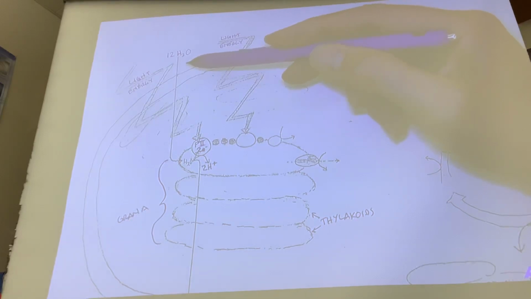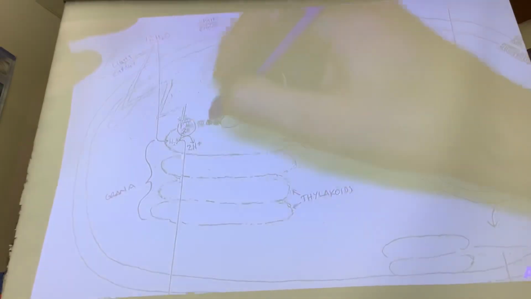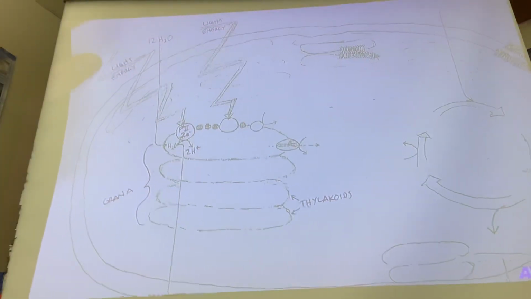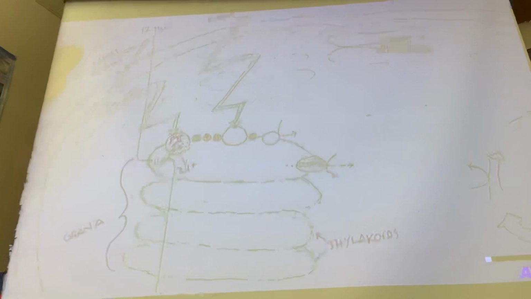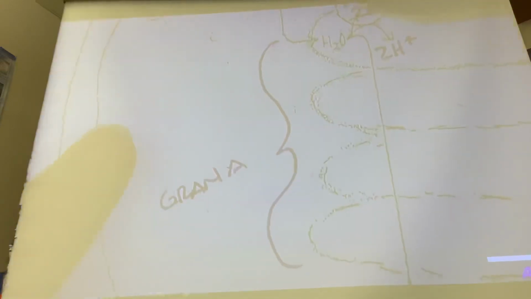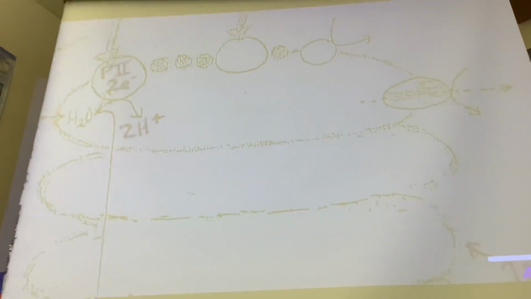Okay. So, we've made our oxygen, so now we can breathe, right? But now we've got to deal with what we're creating inside here. So we've got these electrons that are coming in here, right?